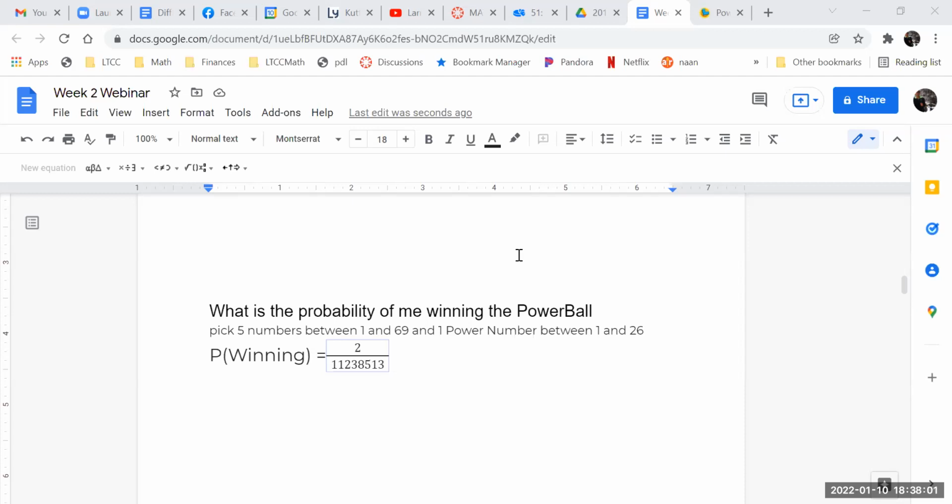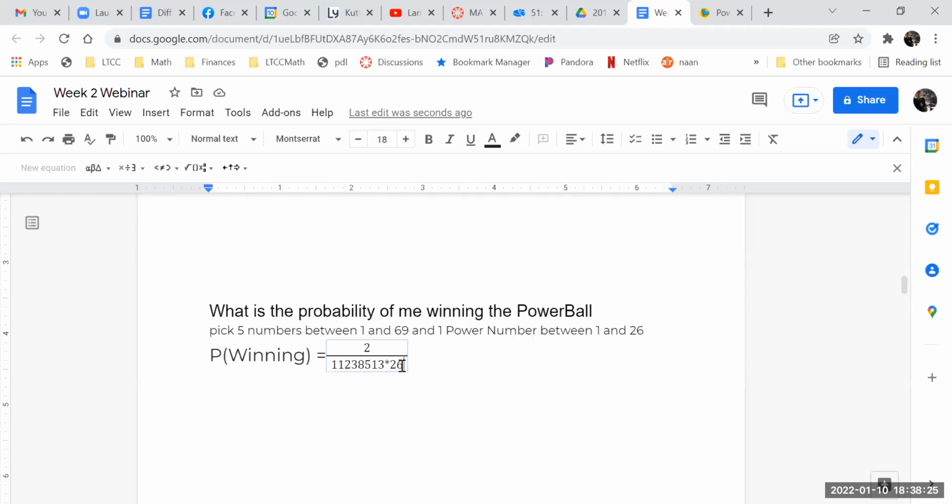How many choices do you have? Yeah, it's 26. And those are independent of the non-Powerball number. So that means I'm going to multiply, because independent means you get to multiply. So times 26. And that's the probability of me winning the Powerball.